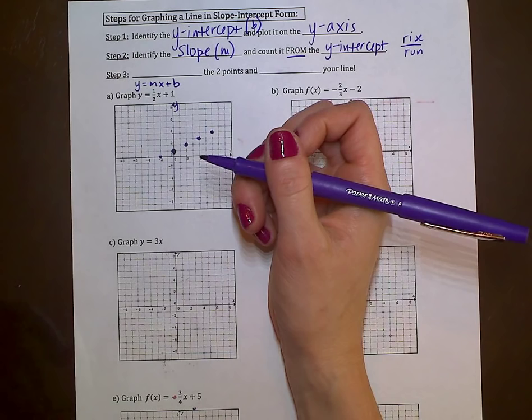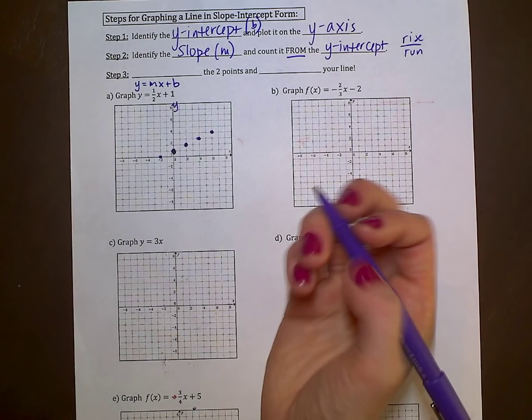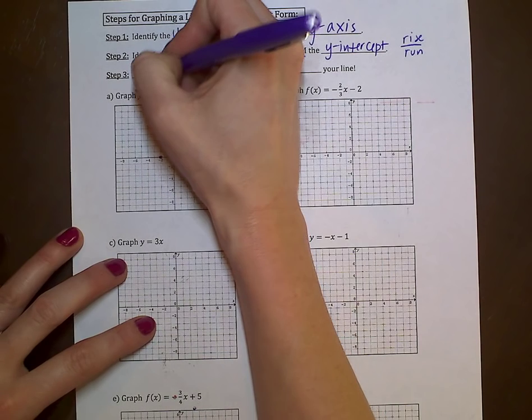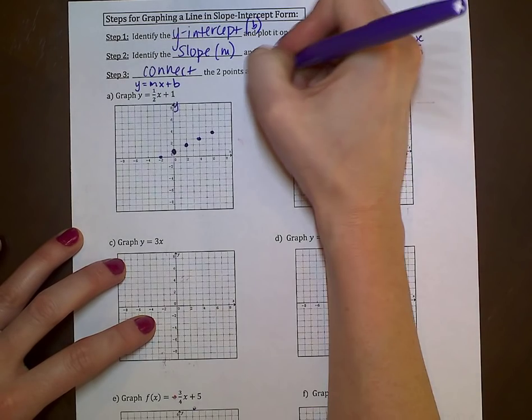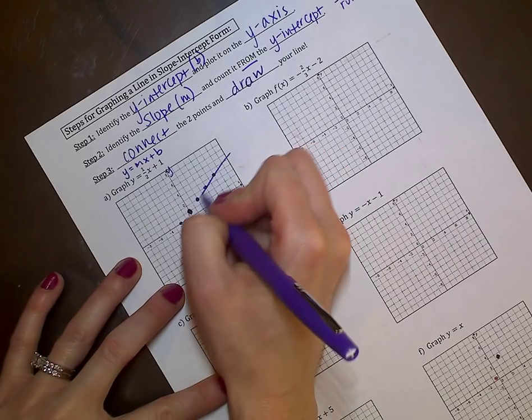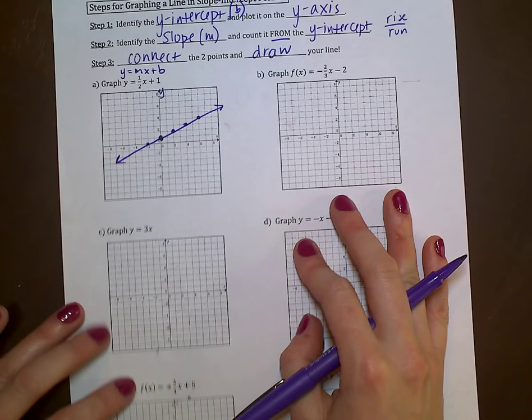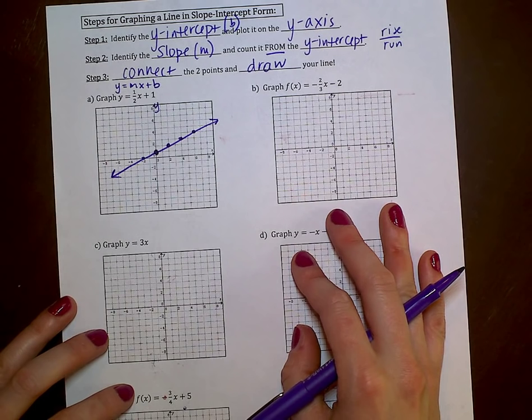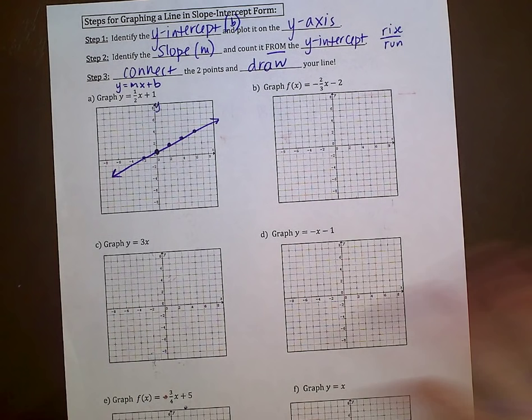So once you've got 2 points at least, you can go ahead and connect them and draw your line. Make sure you put arrows on the end to show that it goes on forever in either direction. Okay, so that's it. This just takes practice, so let's do most of these together.